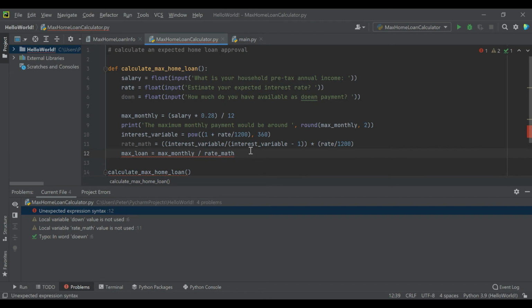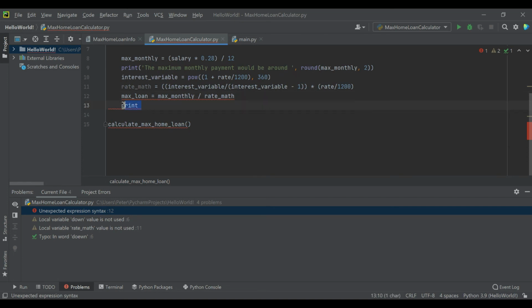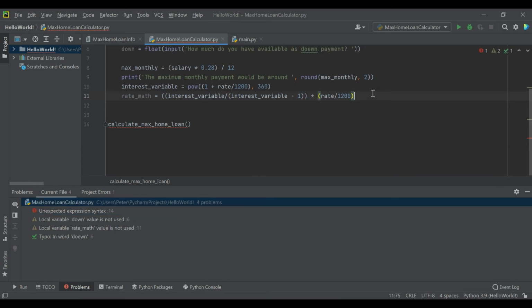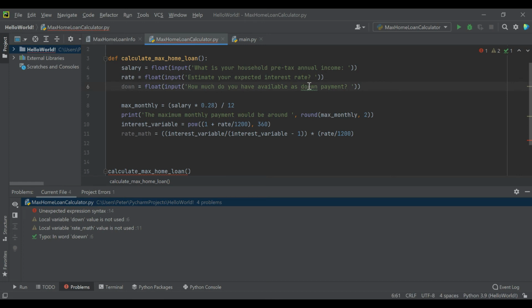So then, after we've gotten the max loan, let's go ahead and print. And I really have to figure out what is going on in these lines. Let's try that again. We spelled down incorrectly.